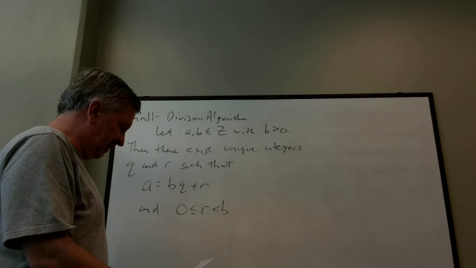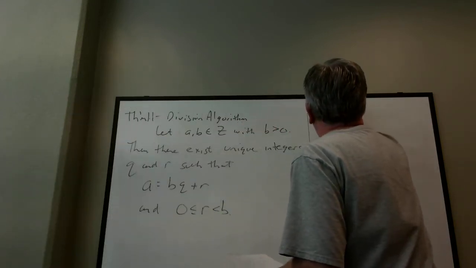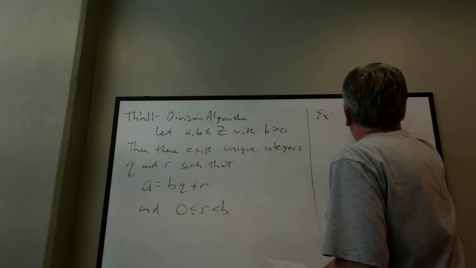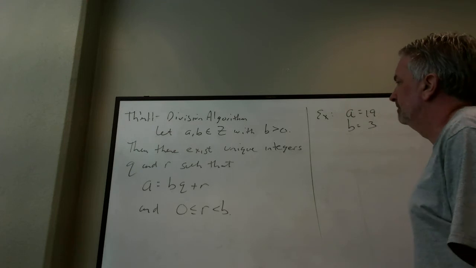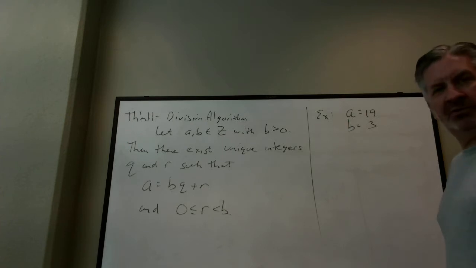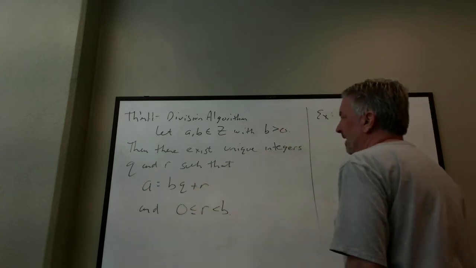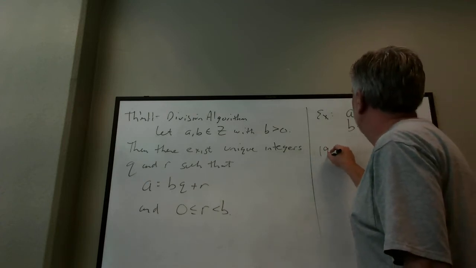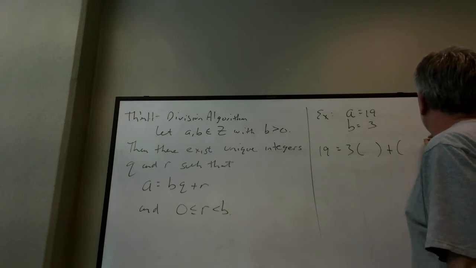Okay, so let's look at an example here. 2 examples. Suppose a were 19 and b were 3. If a is 19 and b is 3, I'm interested in what are the unique integers q and r that satisfy this. So 19 is going to be 3 times something plus something else.